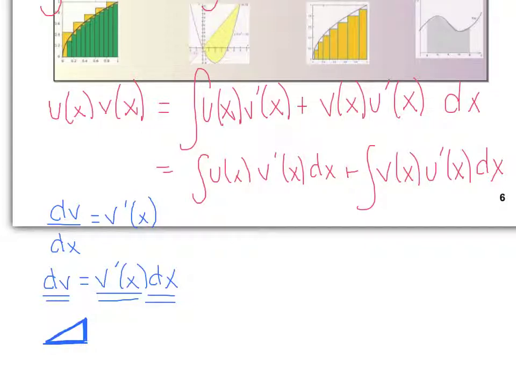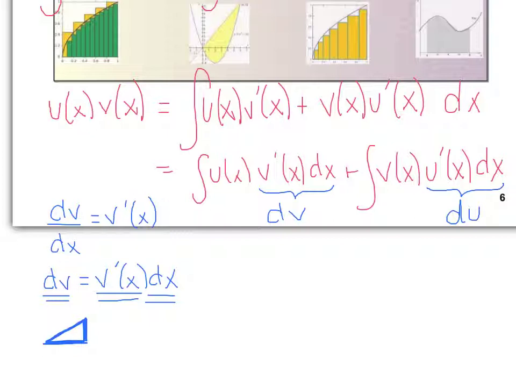So if that's true, dv could replace v prime of x dx. And also du could replace u prime of x dx.